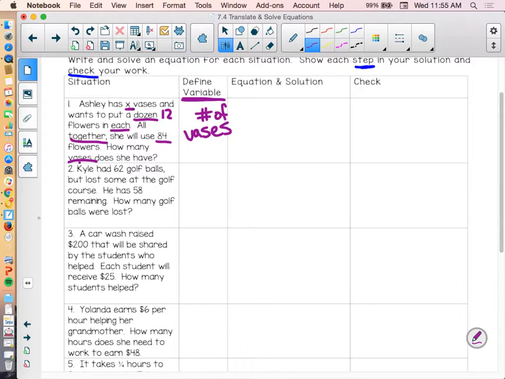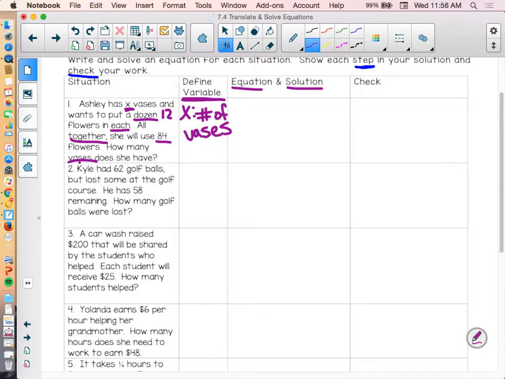So in this case, the letter they already gave you is X, and please use a colon and then say what it means. So it means the number of vases. That's the thing that's missing that we don't know. When you write an equation, you have to have a variable in this section. And you need to also find the solution for it.